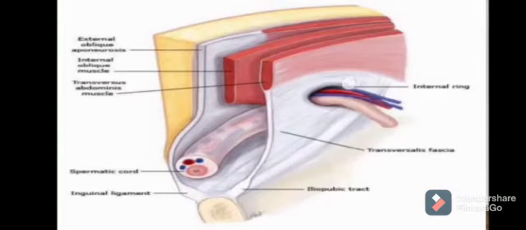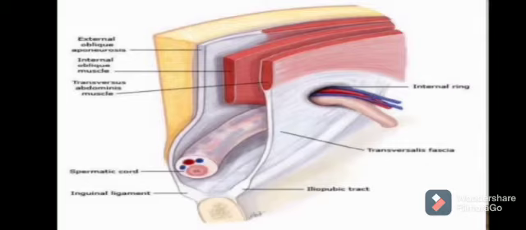And this fascia transversalis has an opening in it which is called the deep opening, and it lies about 1.2 centimeter above the mid-inguinal point. Here we will have this inguinal ligament, and if you calculate the mid-inguinal point, it lies 1.2 centimeter above it, and this opening is called the internal ring, or you may call it deep ring, and it is present in the fascia transversalis, of course.